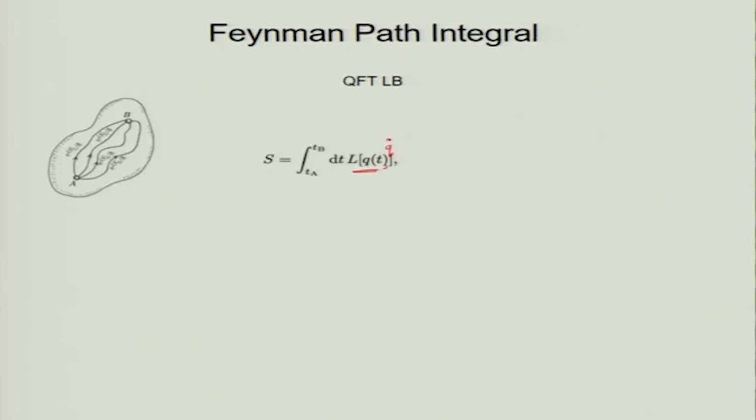S is the action, the integral dt from A to B. I go from here to there, and what classical physics tells us is that the trajectory chosen by classical physics is the one which extremizes S, mostly a minimum, but sometimes a maximum as well.